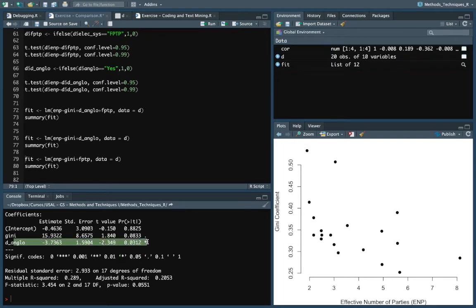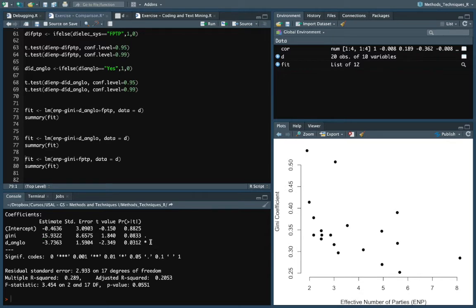So yes, this is a cause that we can attribute. So being an Anglo-Saxon country decreases by an average of 3.7 parties the effective number of parties of the countries observed.